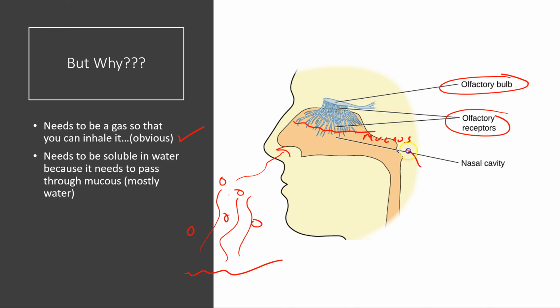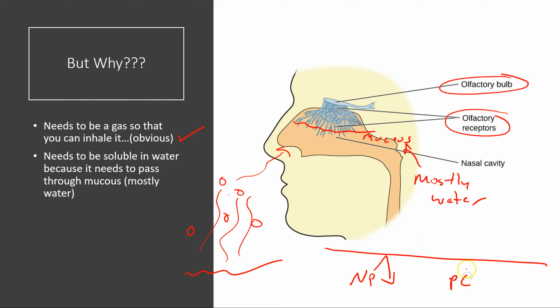Now, mucus is mostly water. So if we have a mucus layer, our nonpolar compounds are not able to pass through that mucus barrier because there's no way for that gas molecule to move through the mucus because it's not soluble. Our polar covalent molecules, though, can pass through that mucus barrier to the olfactory receptors, and then we can detect an aroma.